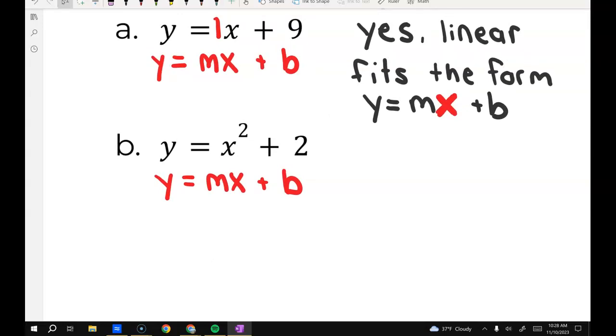An x squared is taking x times x. So we know this can't fit. Here we have 1 x, here we have 2. This is what we would call a quadratic function, which is something we won't get to until second semester. So for this one to justify, we would say no, or nonlinear.